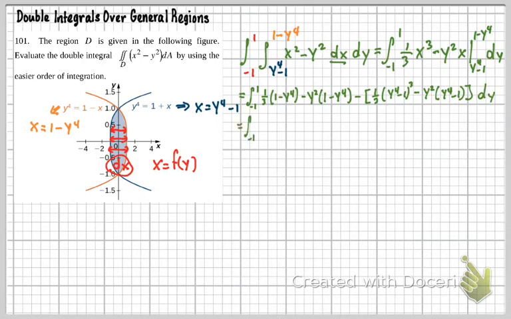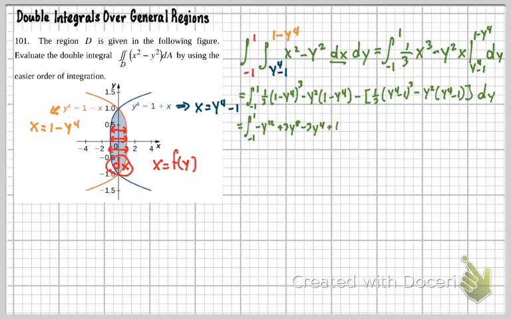That's the integral from -1 to 1. And when I multiply this through, oops, I forgot my cubed here. Okay, so when I multiply that through now, we get -y to the 12th plus 3y to the 8th minus 3y to the 4th plus 1.